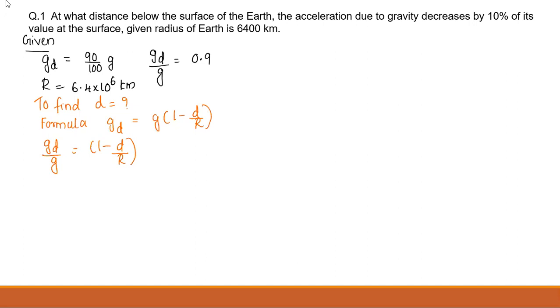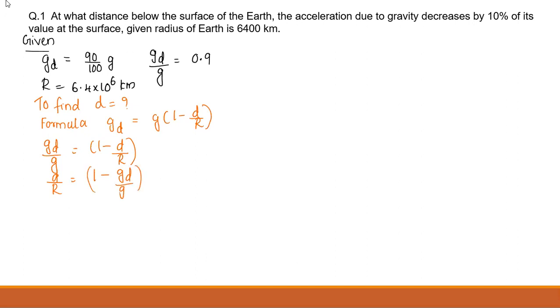First, we will take minus d upon R to the left side. So we will get d upon R is equal to 1 minus gd upon g.